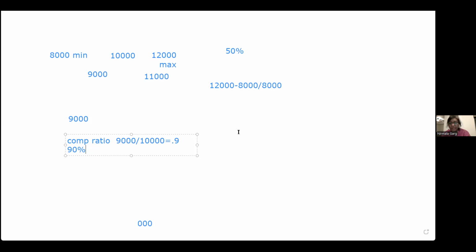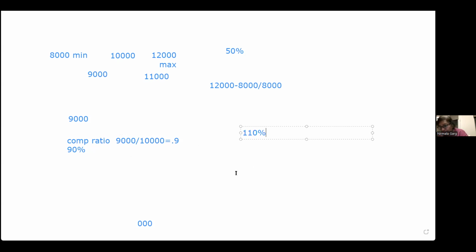But if you're paying 110%, it means you're paying more than the midpoint. So it gives you an indication of who are those employees getting salary higher than the midpoint and who are getting less than the midpoint.